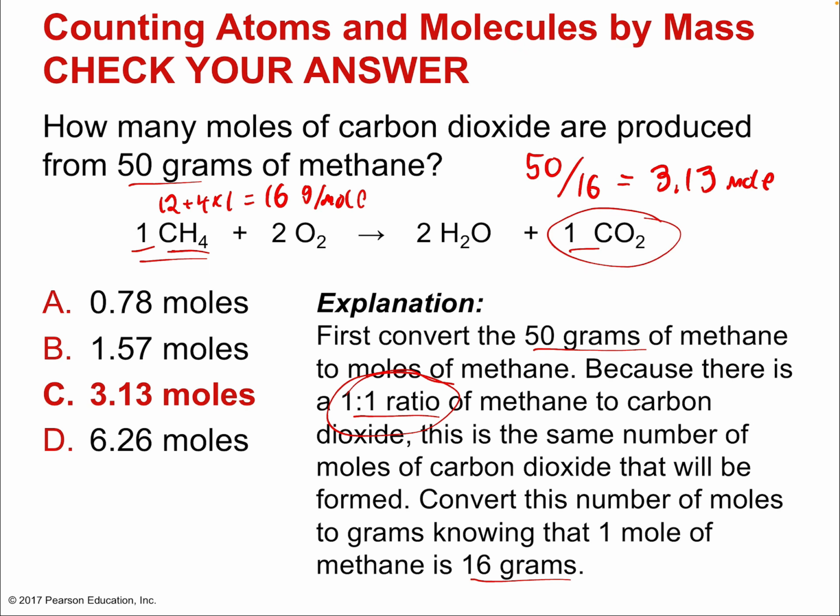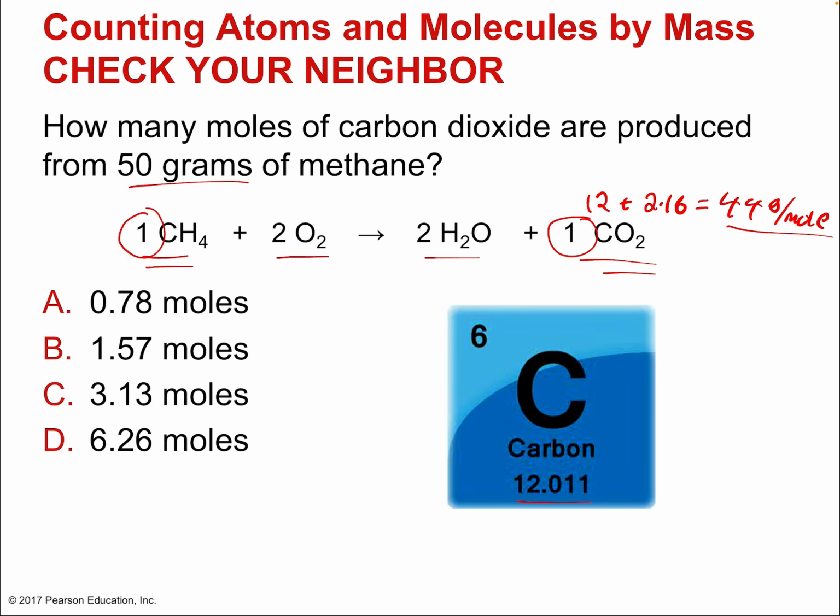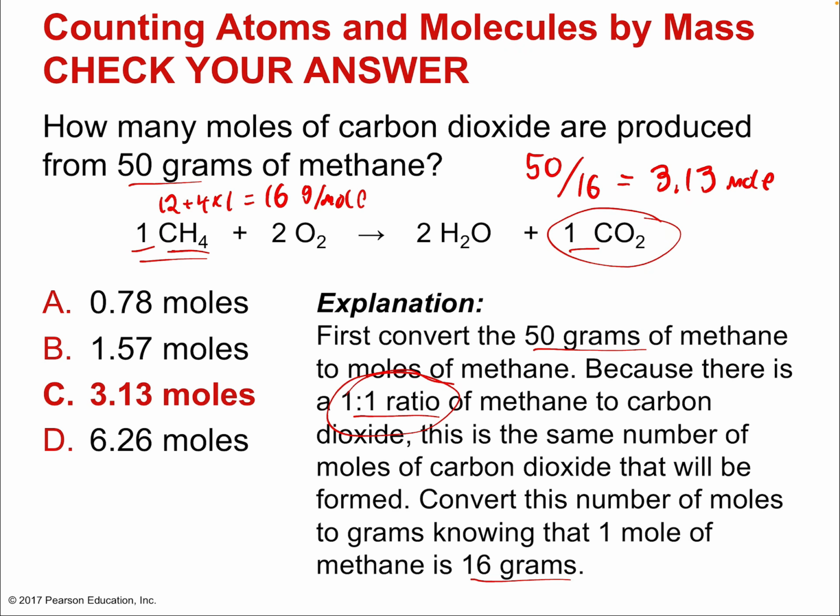Now, if I was asked for the actual weight of the carbon dioxide in grams, then I would need to consider the 44 grams per mole. But as the question was asked, that was an unnecessary tangent, because we're done. Once we have that 3.13 and the 1-to-1 ratio, we know that is exactly how many moles of carbon dioxide are produced. Okay, good.